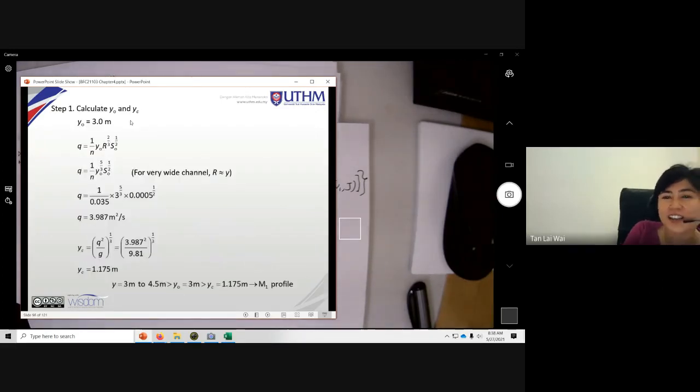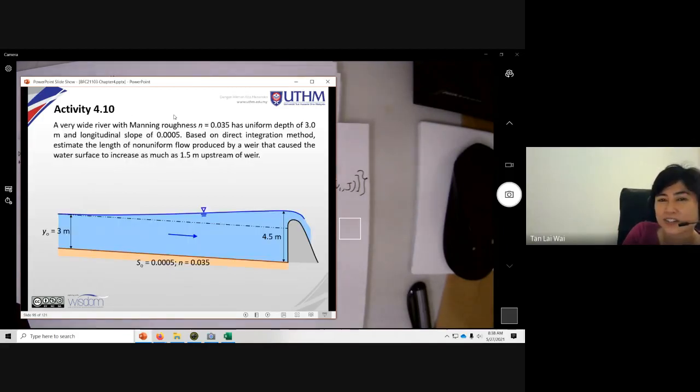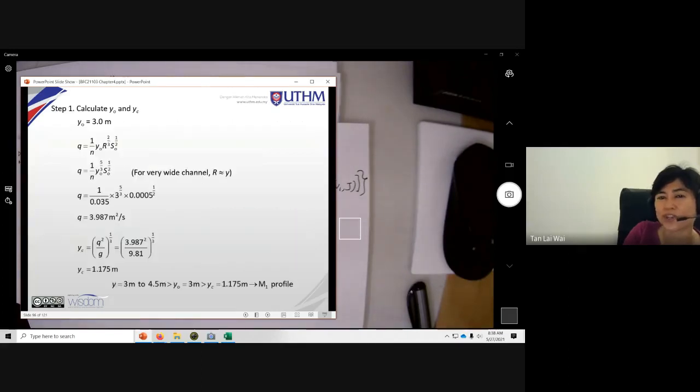You see, calculate Y naught and YC. Y naught is provided already, which is 3 meter. Now, in order to find YC, I'm using this discharge over unit width, because if you look at the question, it says very wide channel. So it doesn't give you a width. So therefore, you are using discharge over unit width.